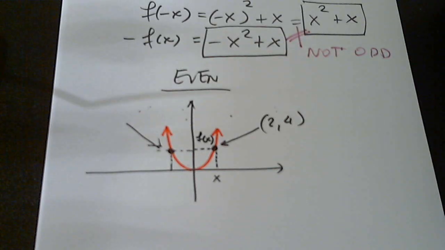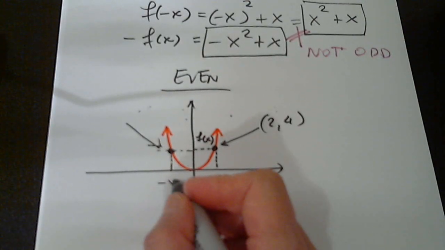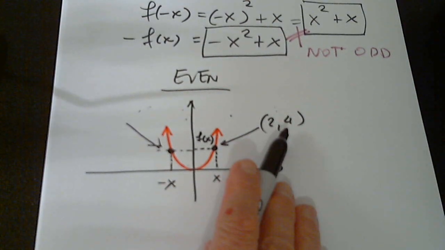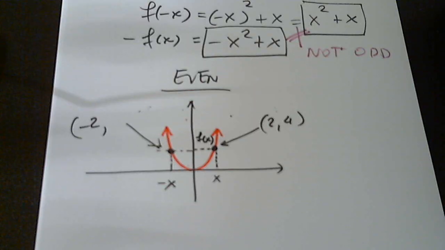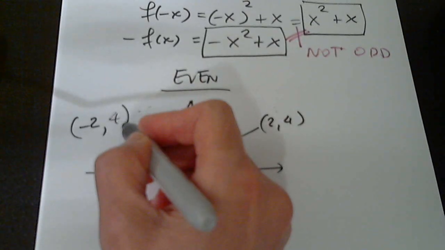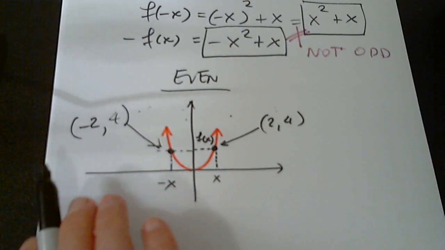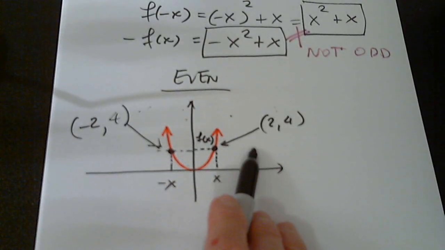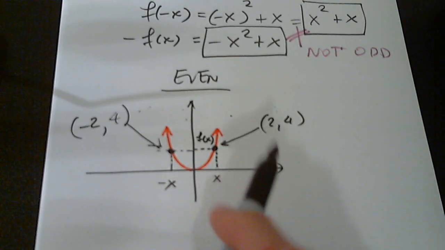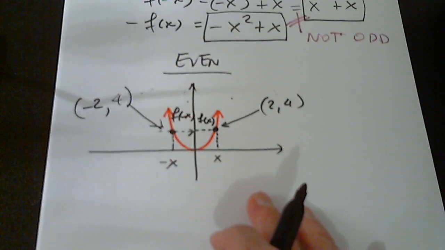Negative 2 and 4. Sorry, but it's at the same height though. So this is negative x, but it's at the same height. So you're right with negative 2, 4, indeed. It's not on the opposite. So it's indeed on the other side. If this is 2, this is negative 2, but the height does not change. So this is also f of negative x.